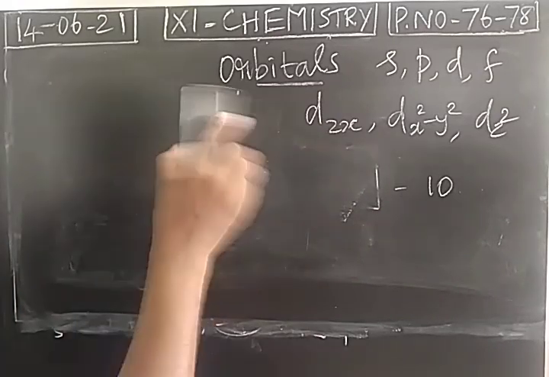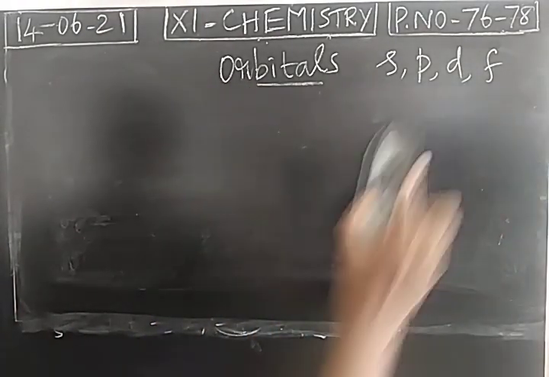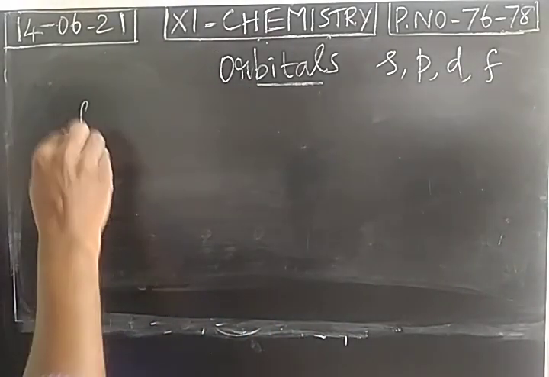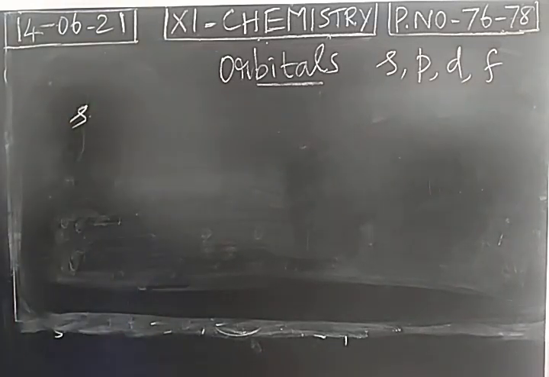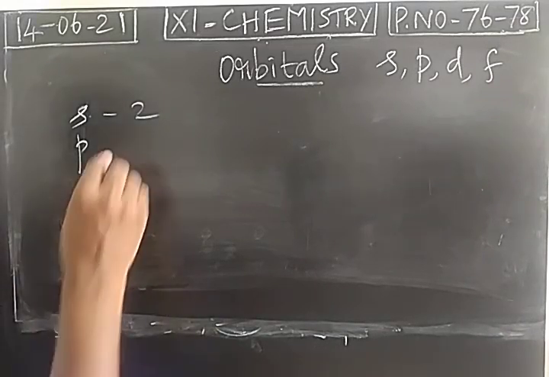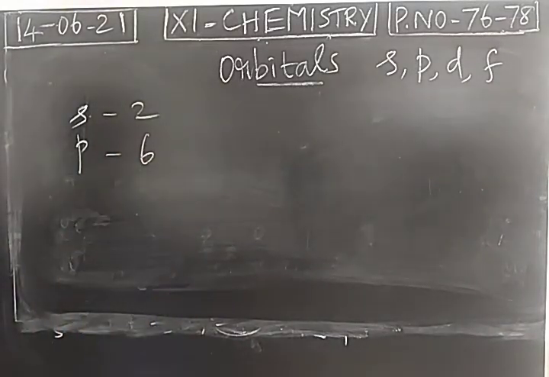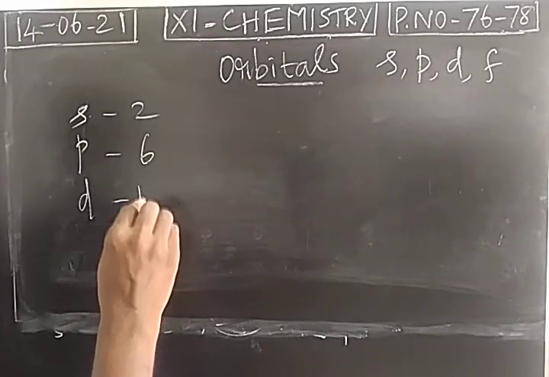How many electrons can be placed in each orbital? When you take s orbital, it is only one type. Maximum 2 electrons will be present. P orbital is of 3 types: px, py, pz. Maximum 6 electrons can be accommodated. D orbital is of 5 types: dxy, dyz, dzx, dx square minus y square and dz square.